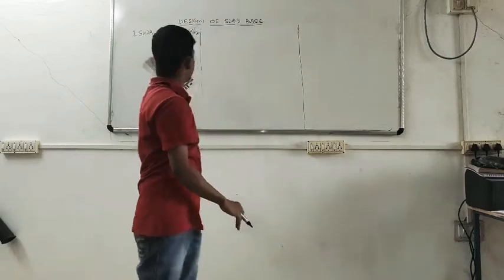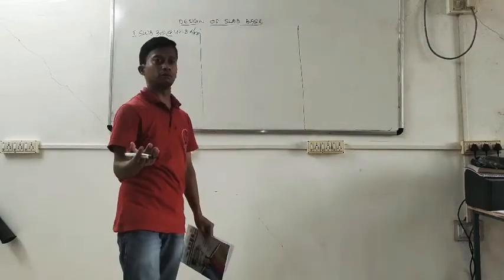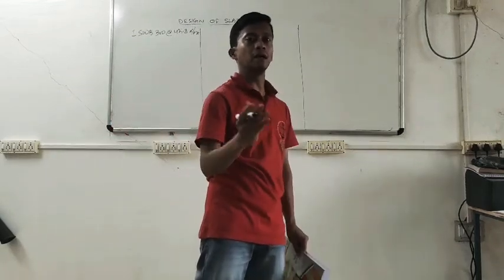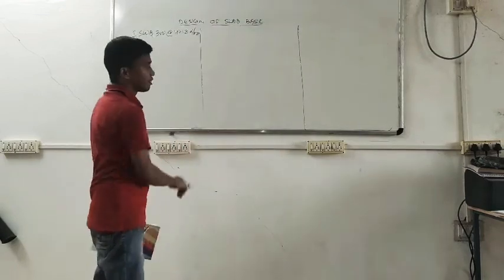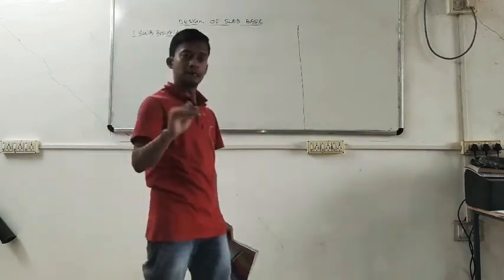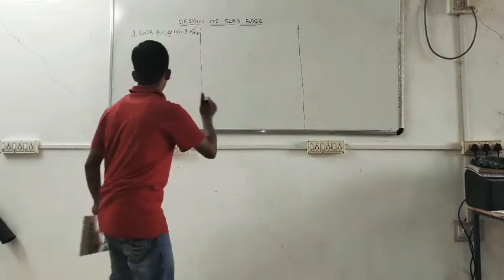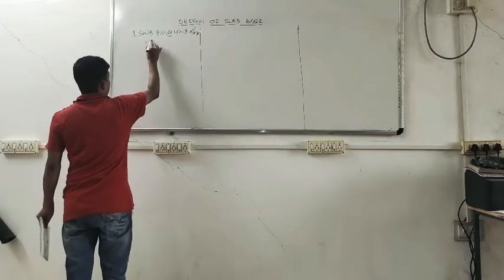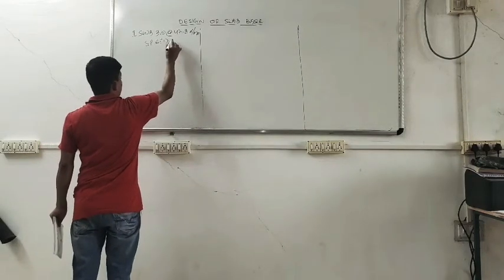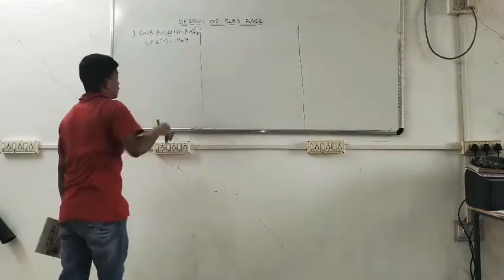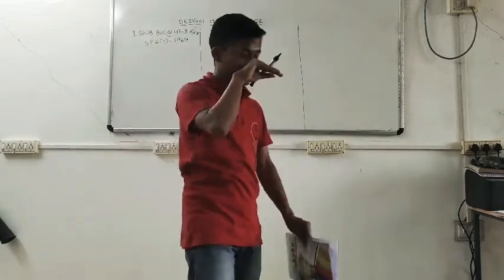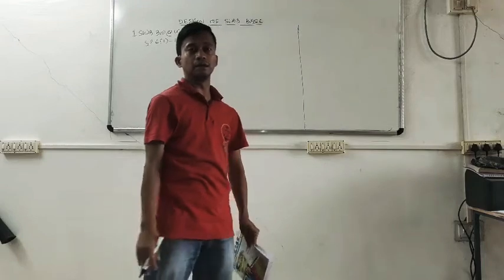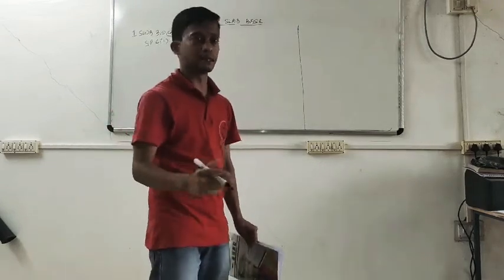For this column section you have to follow the steel table for certain criteria of this column. If you have a steel table, it's okay, otherwise you can follow another code, SP 6 1964. This IS code also gives the details of the structural steel sections.